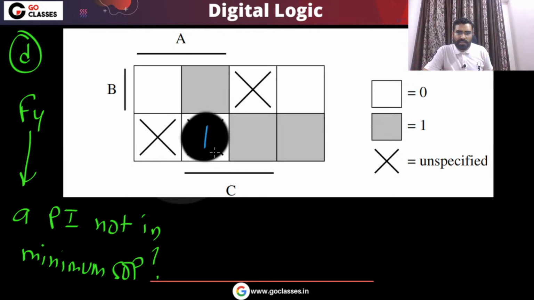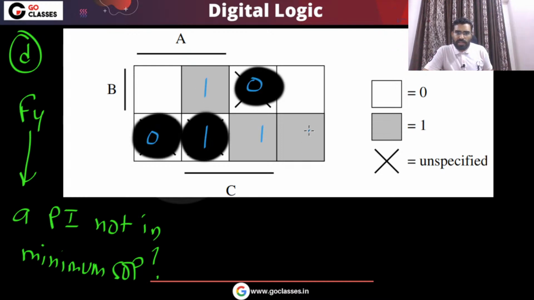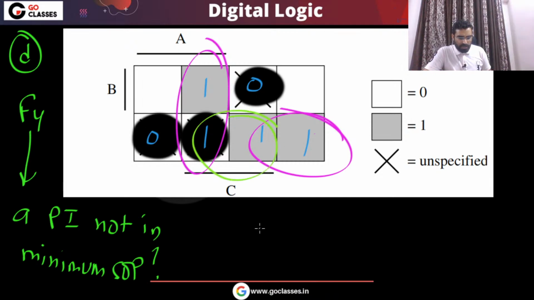Notice, if you make this one 1 and make them 0, then what will happen? How many PIs will there be? You can check. There will be this one, this one, and this one. So one PI will not appear.